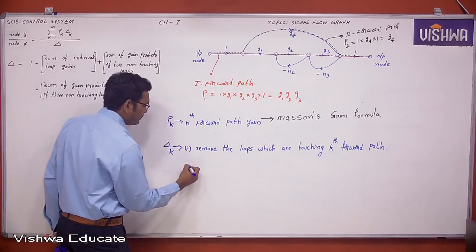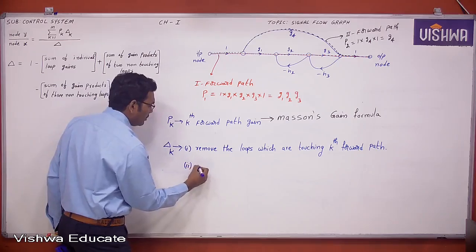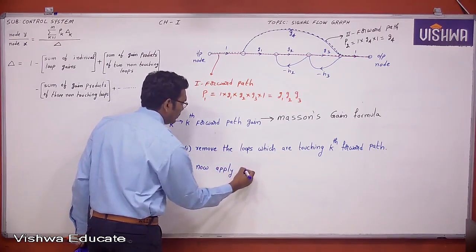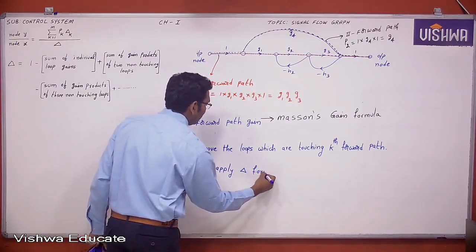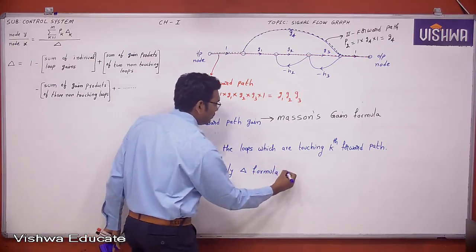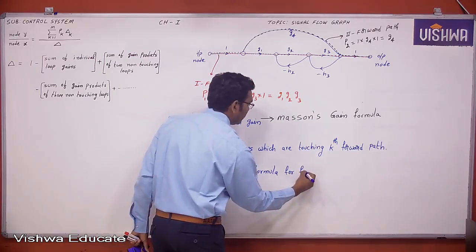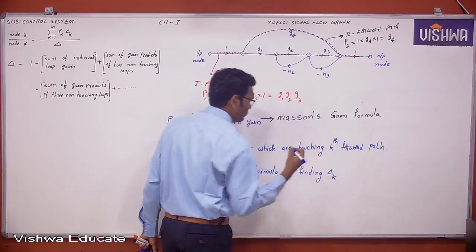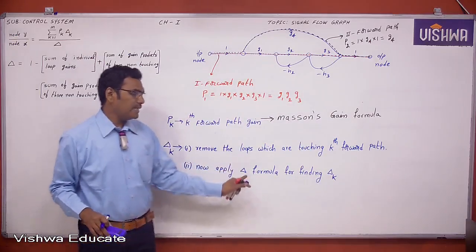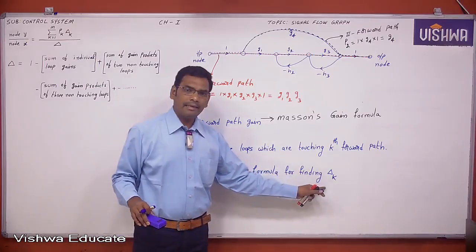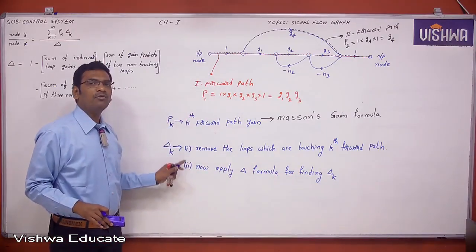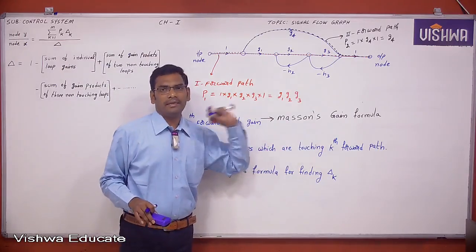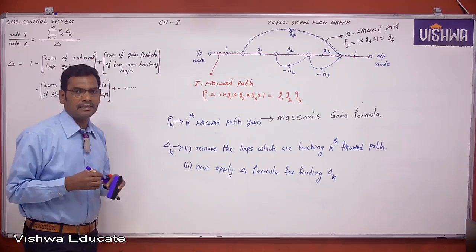Second step: now apply the delta formula for finding delta k. Before you apply the delta formula for delta k, you do the first step, removing the loops touching that path. Very simple; you can easily understand while solving the problem.